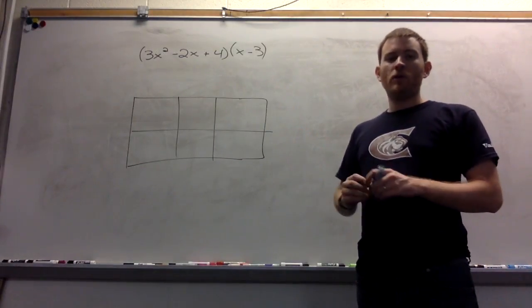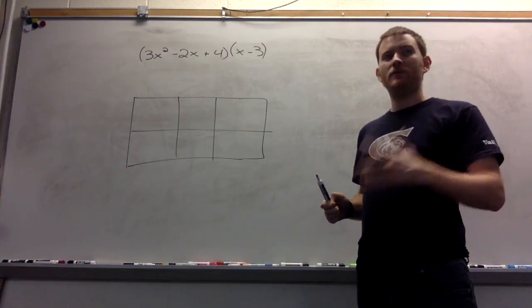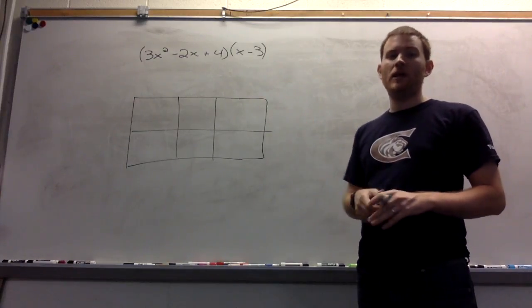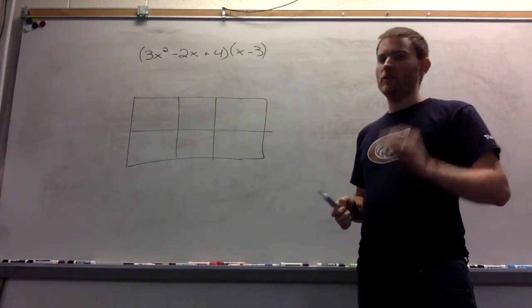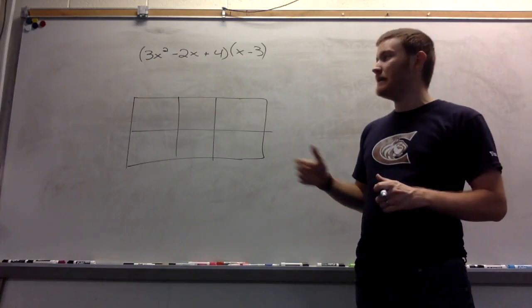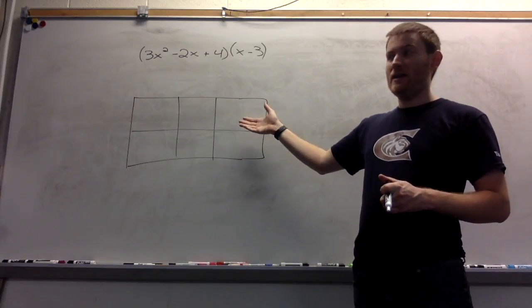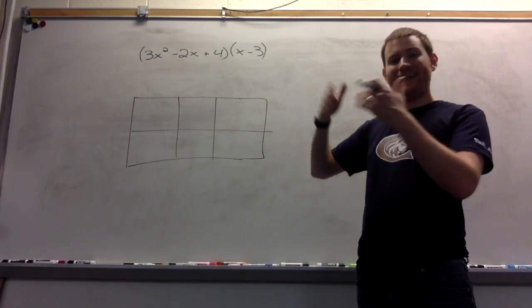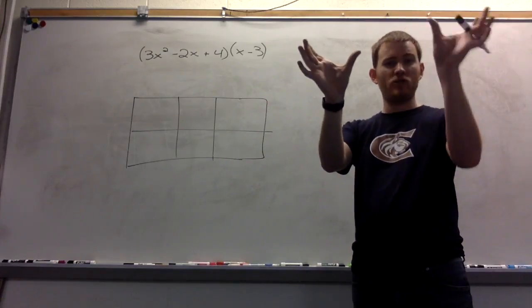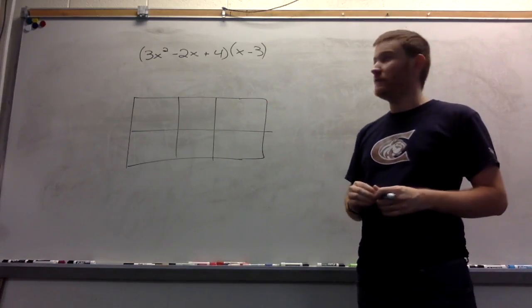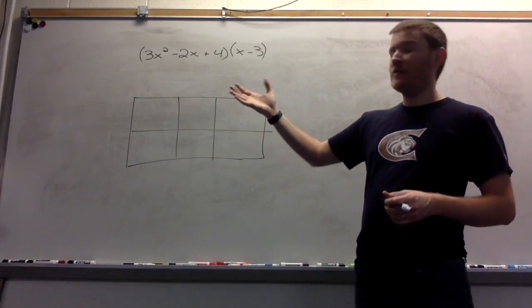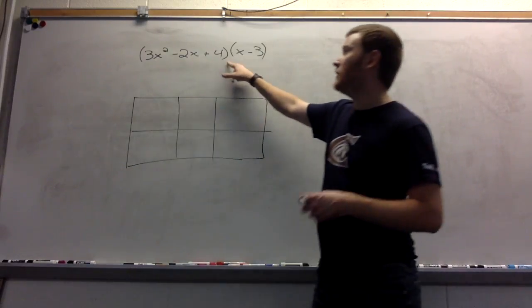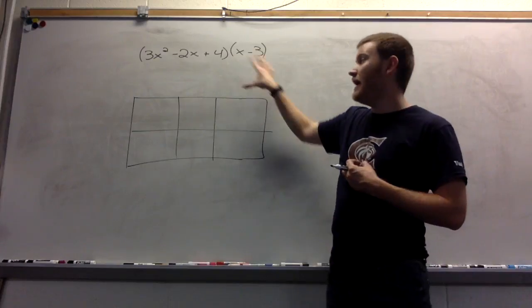The last example I want to look at is what the box method looks like when we're multiplying these polynomials together, because it is a little bit different, and it's important that we see how the box method extending beyond just 2 by 2 is not that much more difficult. With the box method, what I would suggest is to take one of your polynomials, preferably the larger one, and put it on top.